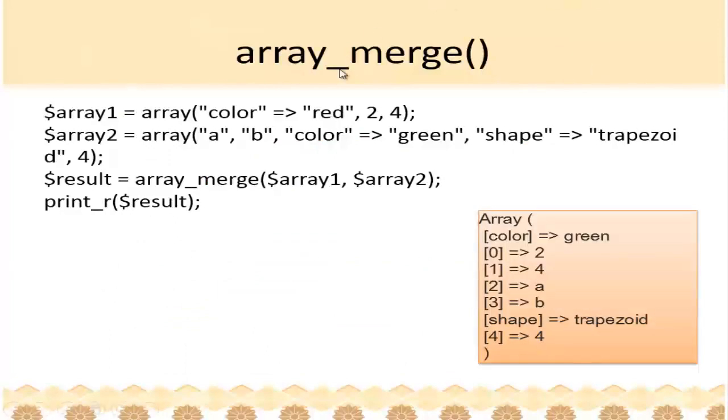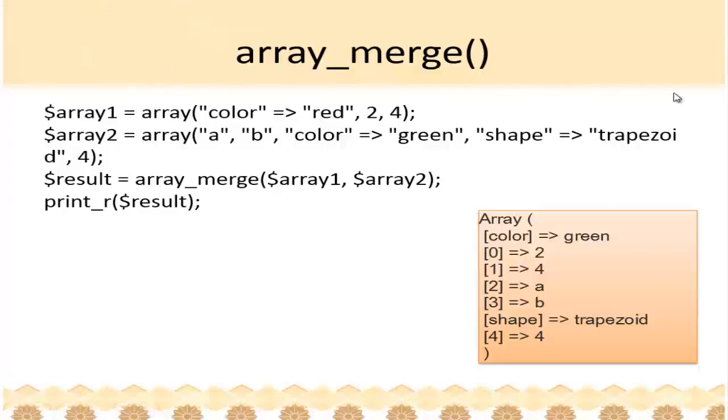So I have a key which is a string, and here there is no key. It means they are numerically indexed, whereas this is string indexed. I want to combine this array with the other array. So when I try to do it, what is going to happen?